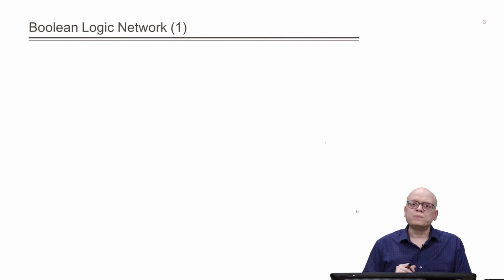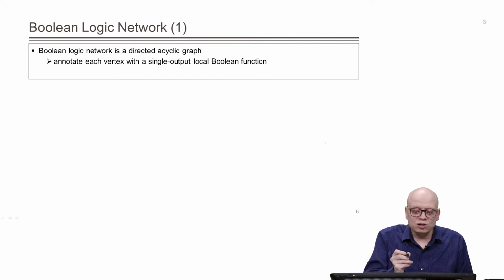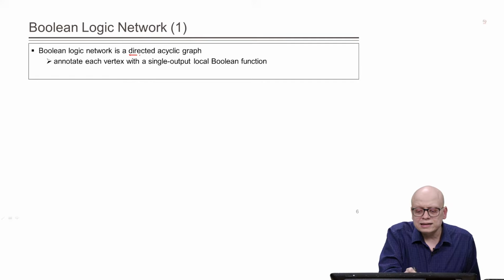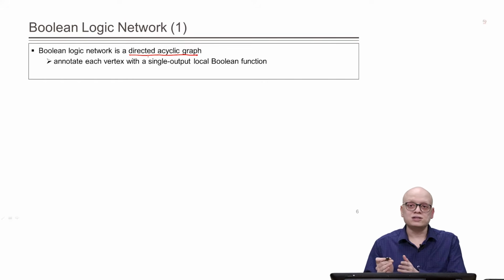Now, another representation that is important is what is known as Boolean logic network. Okay. Now, what is a Boolean logic network? A Boolean logic network is a directed acyclic graph. So, in a graph there are vertices and edges. So, in this case, what are the vertices?